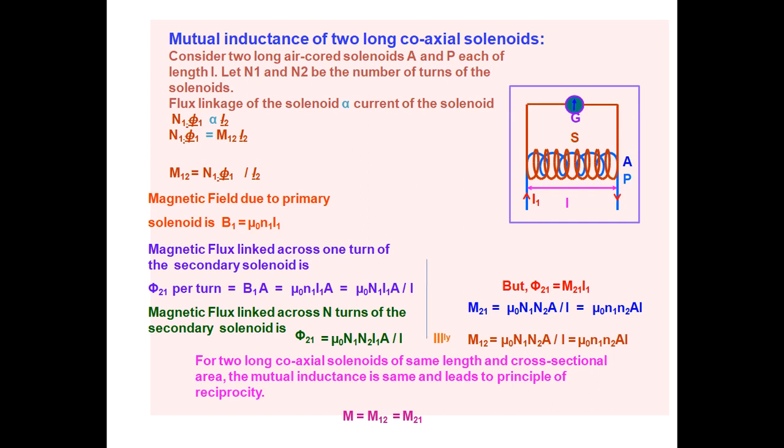Therefore the mutual inductance of two long coaxial solenoids has the expression M12 is equal to mu naught N1 N2 A divided by L, or it is also equal to mu naught n1 n2 A l. Both have the same expression, so M is equal to M12 is equal to M21.